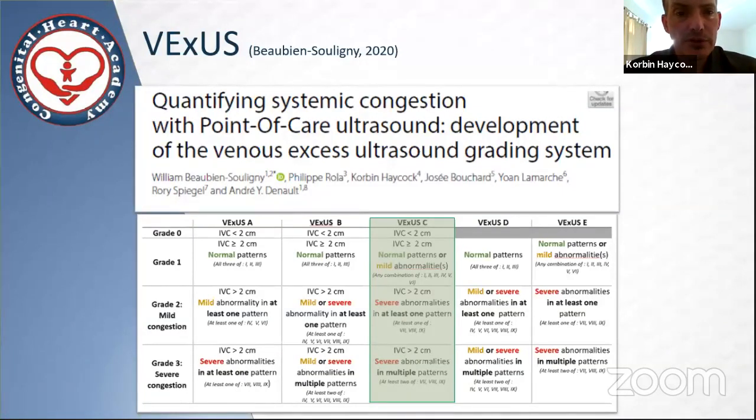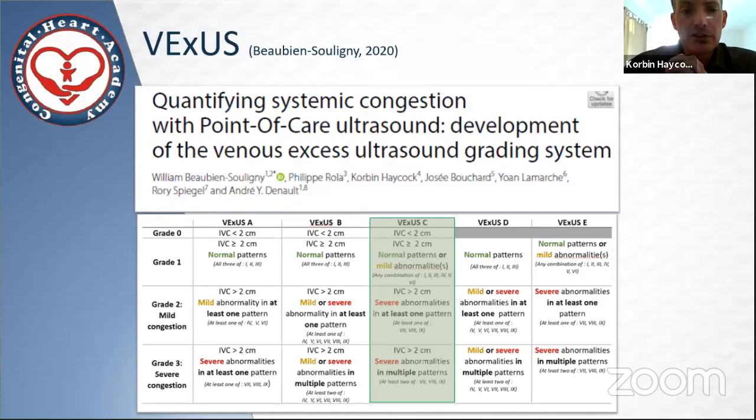Dr. Denault and his group had a database of exams they had been doing. What we looked at were adult, not pediatric, cardiac surgery patients who underwent what we call the VEXUS exam, or venous excess with ultrasound exam, pre-op, intra-op, post-op, and post-op days 1, 2 and 3.